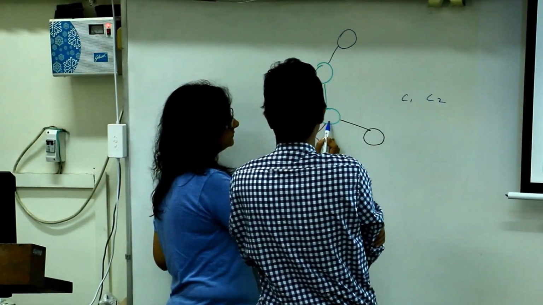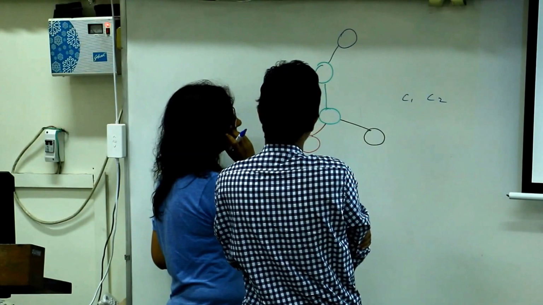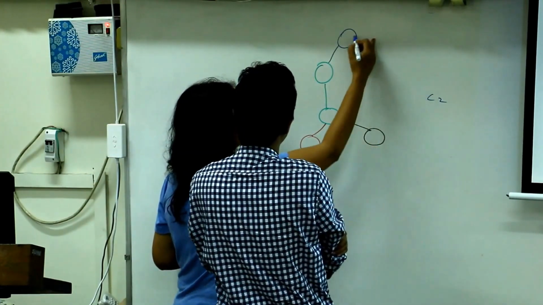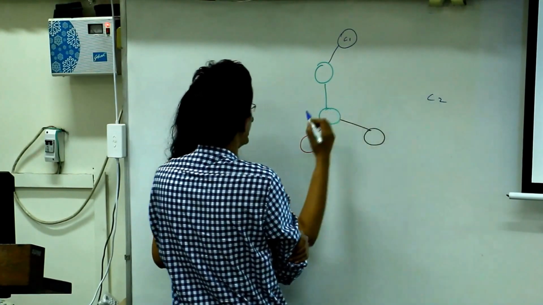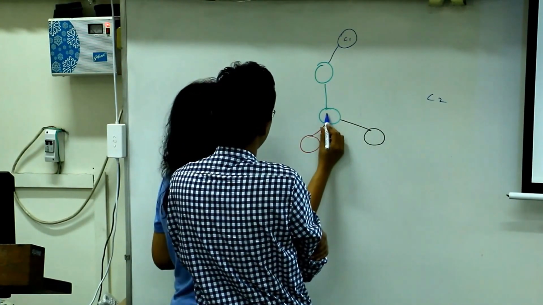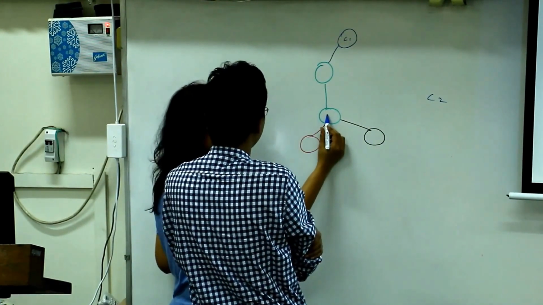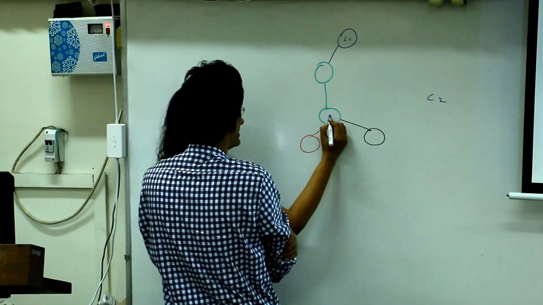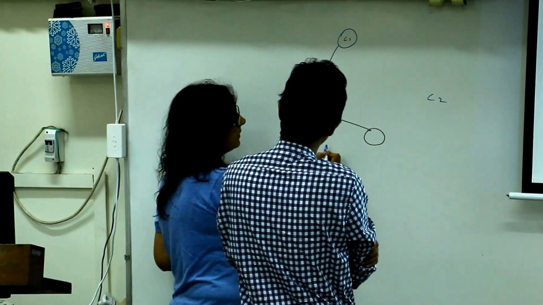Suppose C1 is blue, and I ask myself if I can color this C2. I get an answer yes, because C2 is different from all these. So I color this C2.